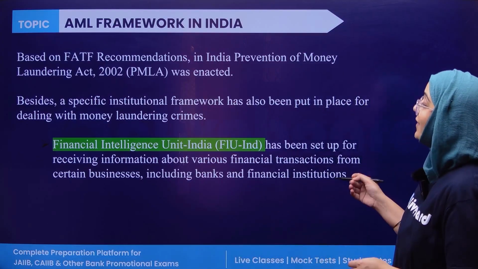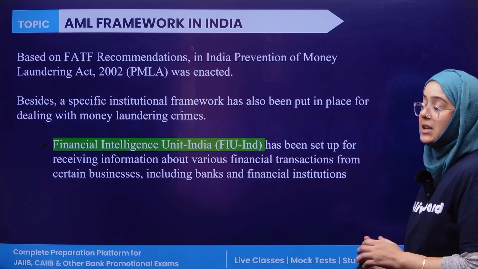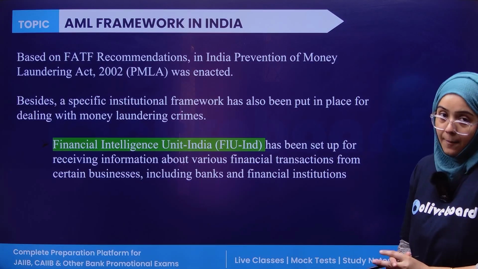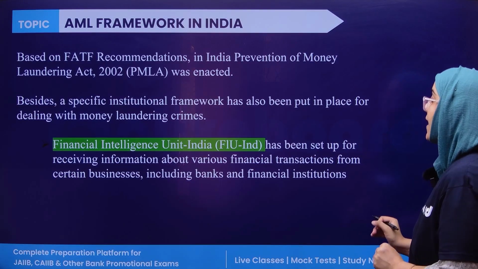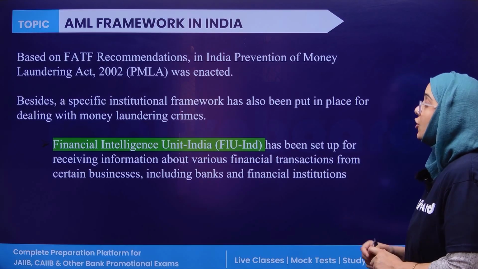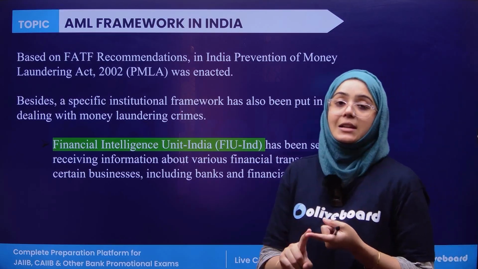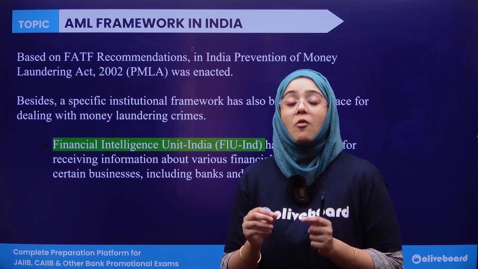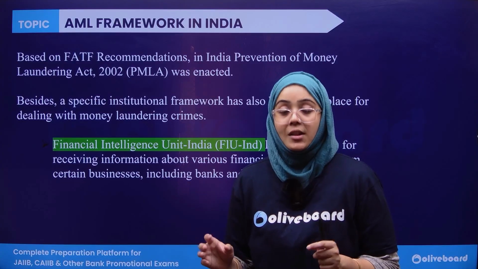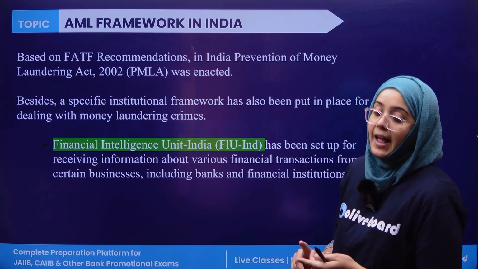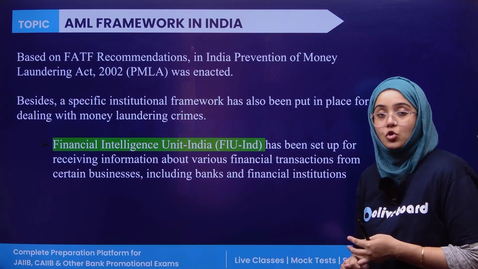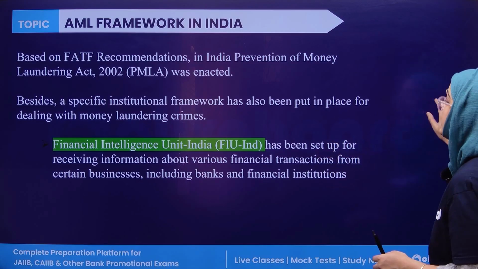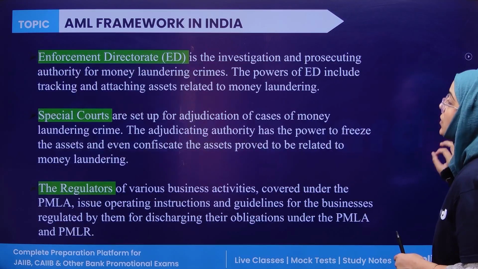First of all, there is the Financial Intelligence Unit India, FIU, which has been established to receive the information of all types of financial transactions done by businesses, banks, institutions and anyone. All the information is stored in the Financial Intelligence Unit India.